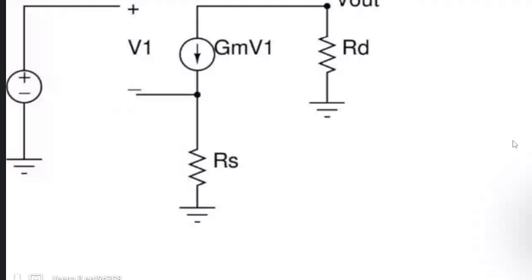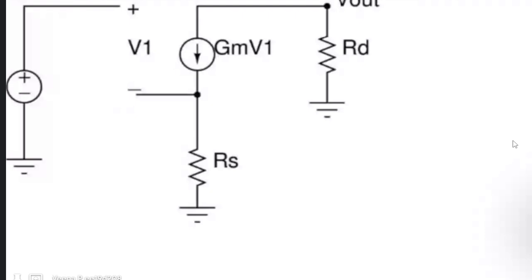So you got two equations. One is V1 equals V in divided by 1 plus GM RS. The other is V out equals minus GM V1 RD, from which V1 is minus V out by GM RD. Equations 1 and 2 have the same LHS, so if you equate the RHS, V in by 1 plus GM RS equals minus V out by GM RD.